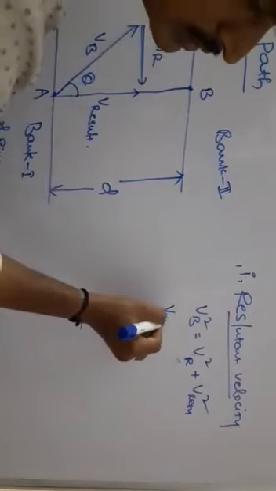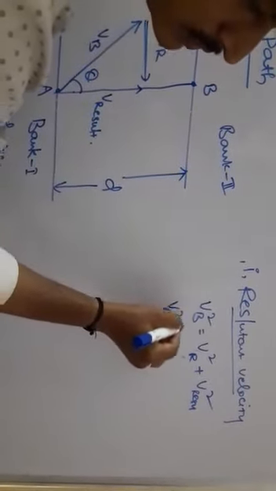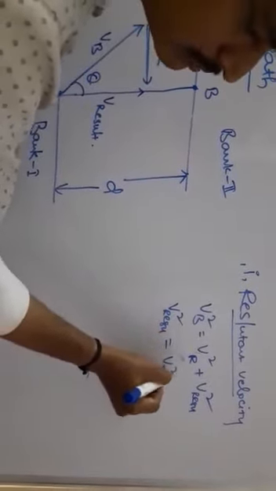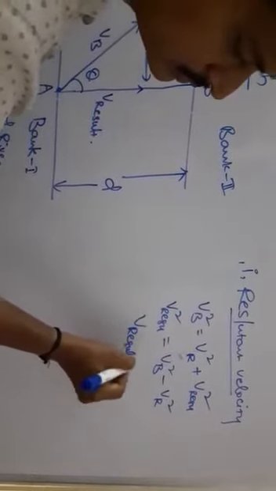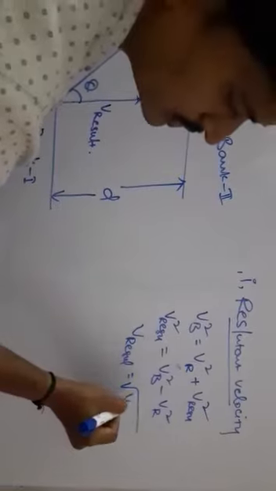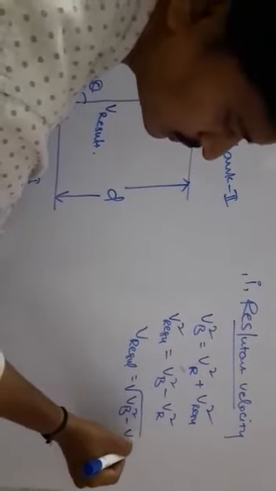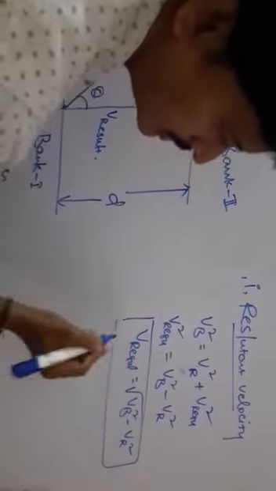So V resultant square is equal to VB square minus VR square. V resultant is equal to the square root of VB square minus VR square. This is the resultant velocity.